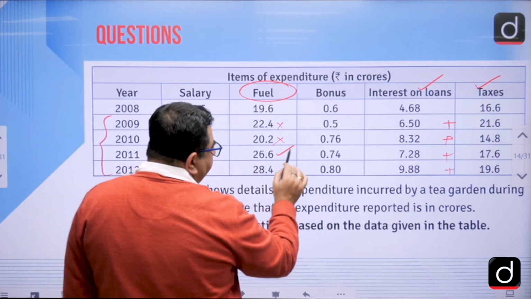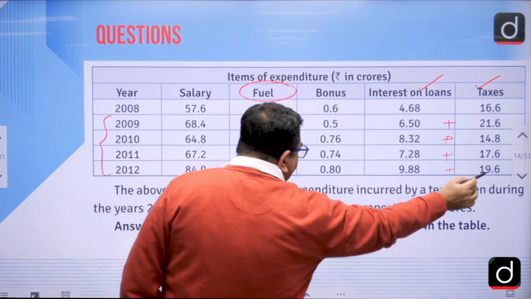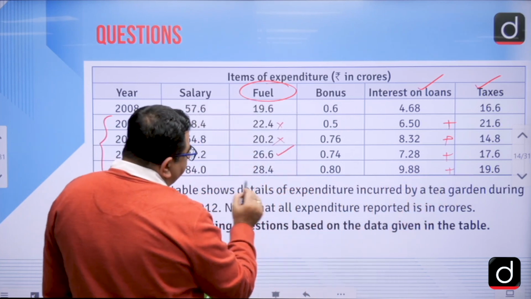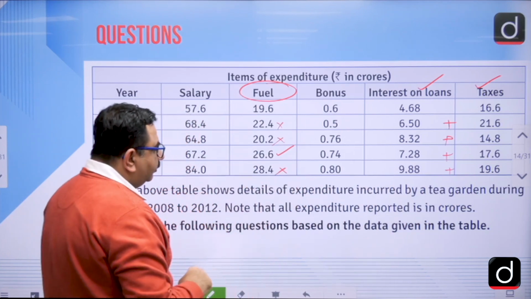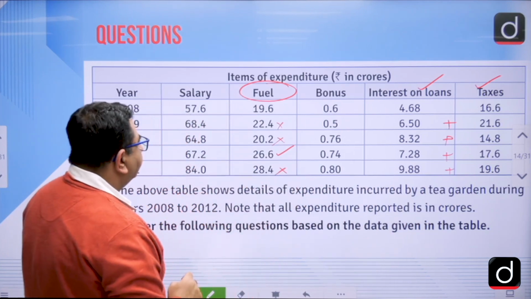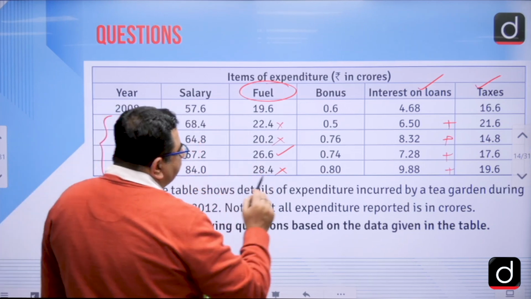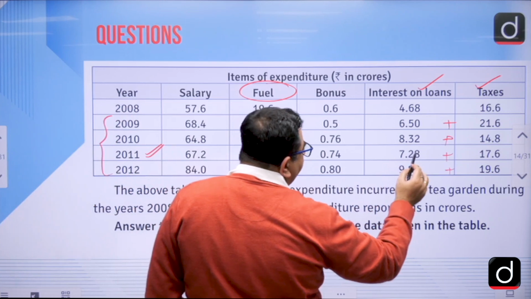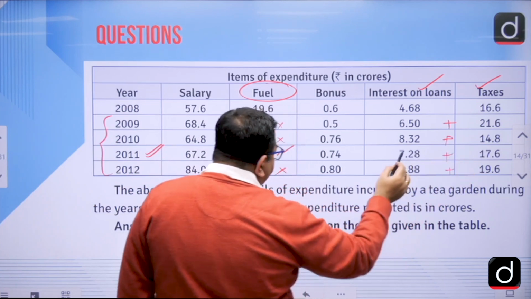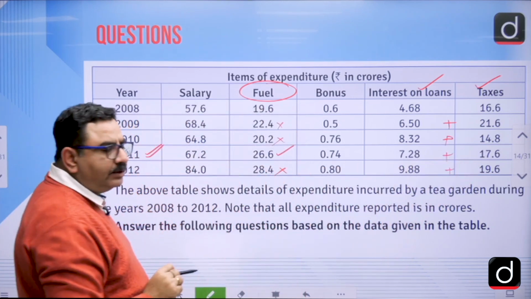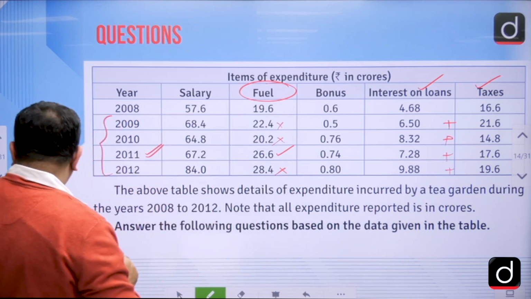Expenditure on fuel is more. So this is what? 29 near about. This is 28.4. This is also not possible. So can I say in this particular year 2011, right, I can say expenses on interest on loans and taxes together is less than the expenditure on fuel. So my answer is what?